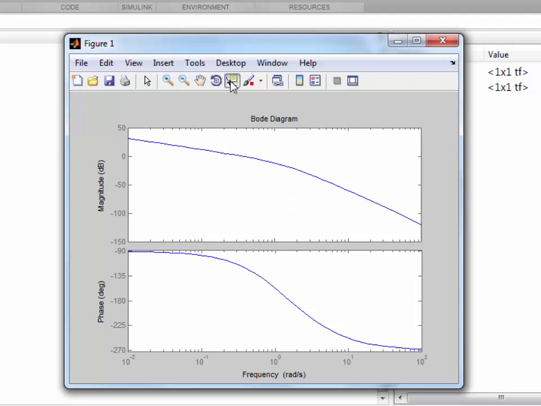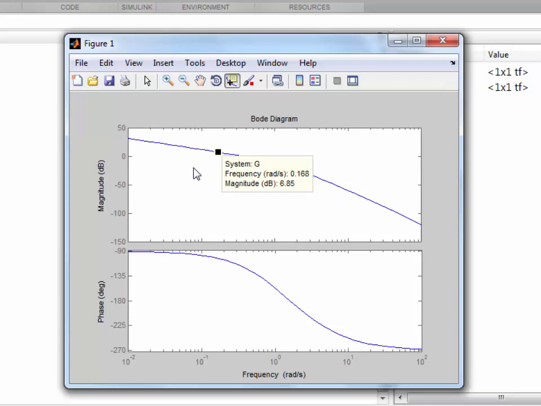In the same way that we could with the root locus, if you click on this data cursor, you can see the value of different points on the Bode magnitude and the Bode phase plot.